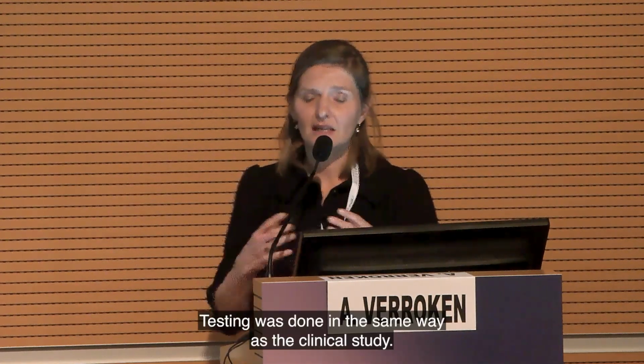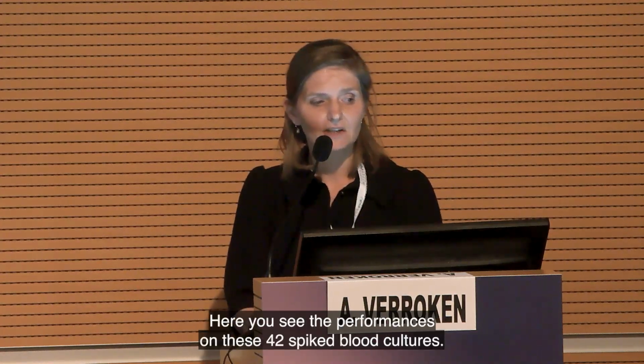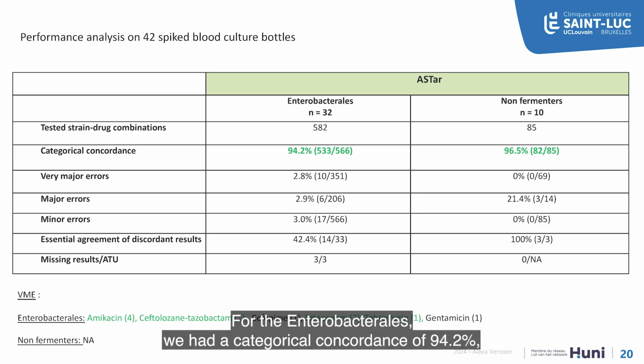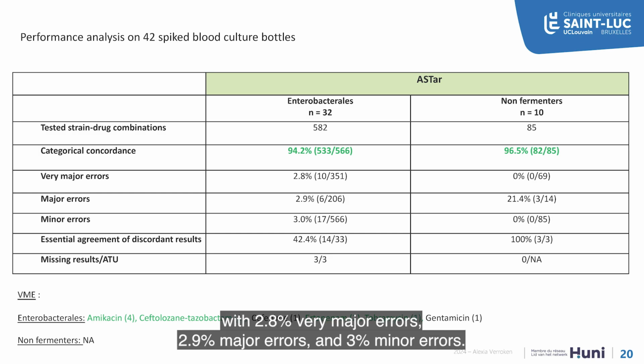Testing was done in the same way as the clinical study, and here you see the performances on these 42 spiked blood cultures. For the Enterobacterales, we had a categorical concordance of 94.2%, with 2.8% very major errors, 2.9% major errors, and 3% minor errors.